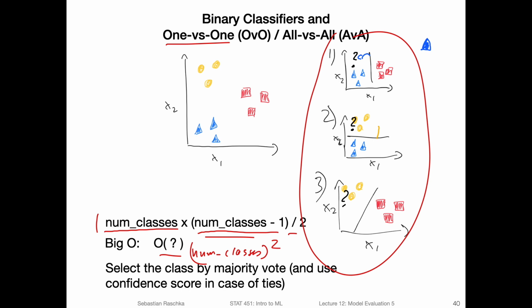So in this case, we would predict this one because it's closest to these if we would use a k-nearest neighbor again. And then in the last case here, we would also predict this one, and then we do a majority vote, and the majority here is this yellow circle. So for this question mark data point, we would predict a yellow circle by majority vote.